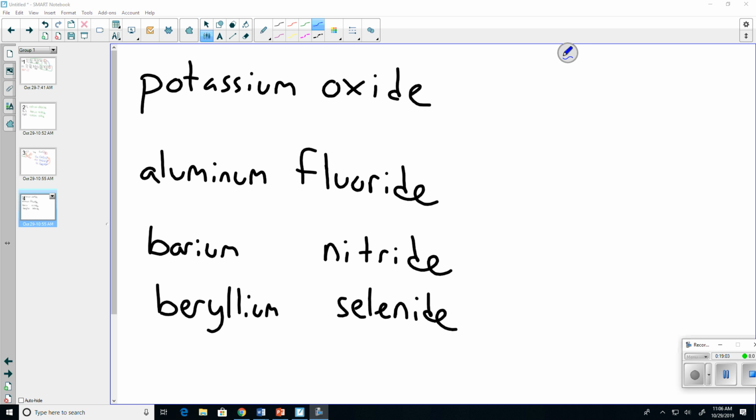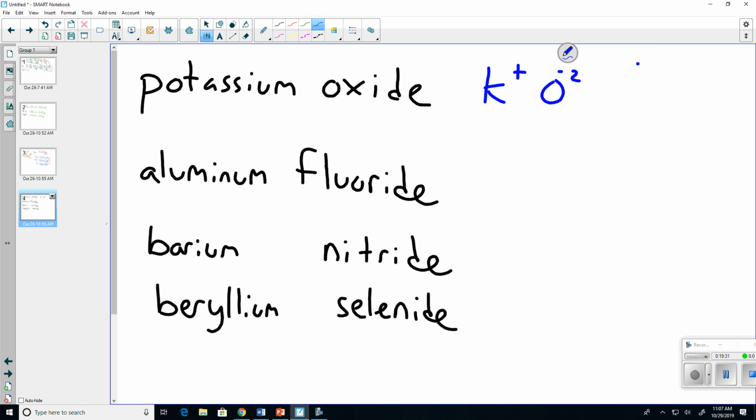Okay. Hopefully you identified that potassium is a +1 and oxygen is a -2. So if we did that, Connor, way back there, what would be the formula of potassium oxide? No, potassium oxide, the first one. Now remember, it's cross and drop.